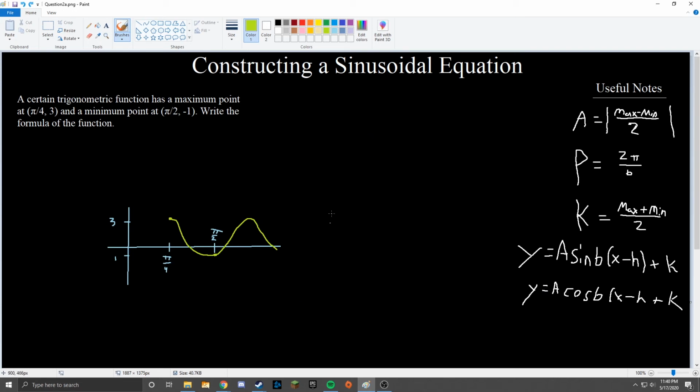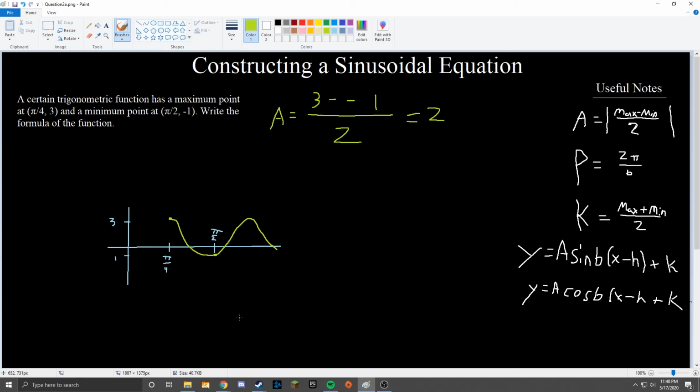So A is equal to our maximum, which is 3, minus -1, over 2. And that's going to be 4 divided by 2, so then 2. So we've already got that first part out of the way.